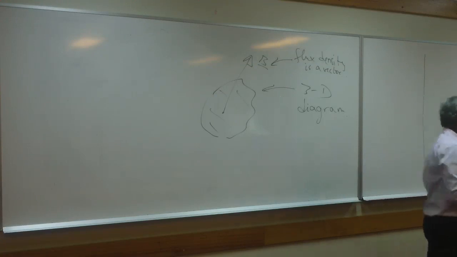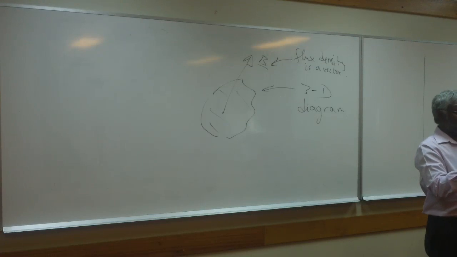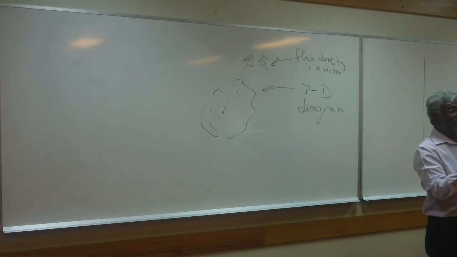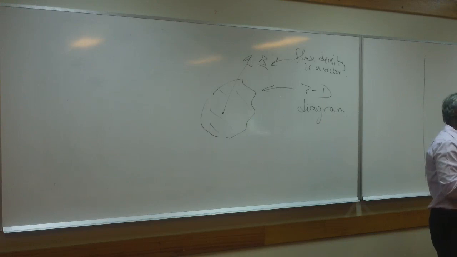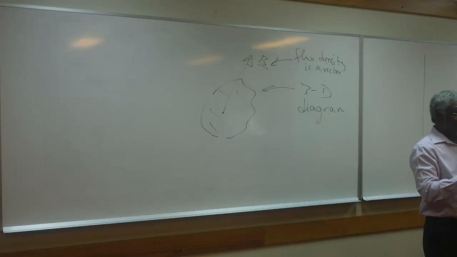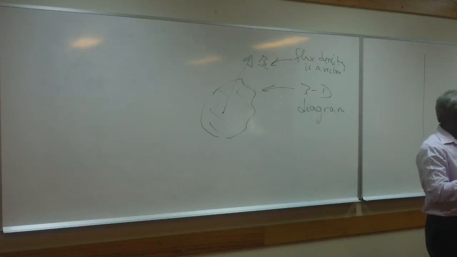So if I come back to this, and I say, oh, that's an area, that area is represented by a vector that is perpendicular to it, normal to it. Right? So you have to understand that. Which means then you get maximum flux if the flux density is at right angles to that area.